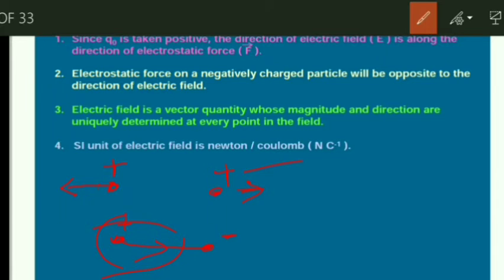Second, electrostatic force on a negatively charged particle will be opposite to the direction of electric field. As we can see here, this is a negatively charged particle. Electrostatic force on this charged particle will be opposite to the direction of electric field.